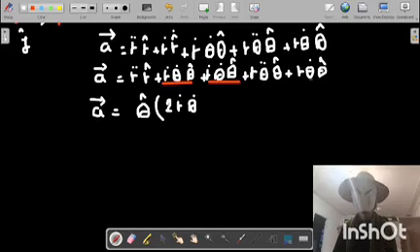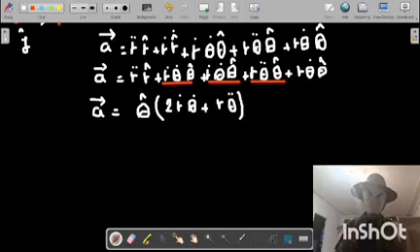Now we got another theta hat, so let's write it. I'm gonna use red on this one. Plus R theta double dots. So this is our acceleration in the direction of theta hat.